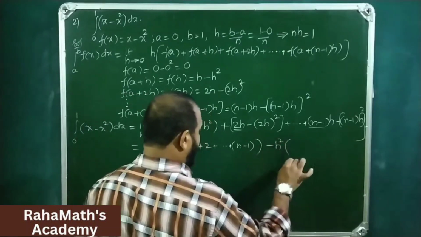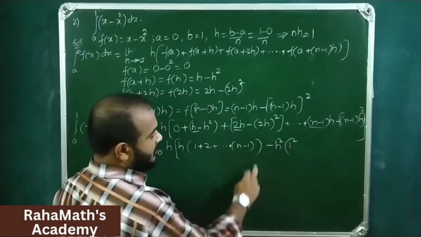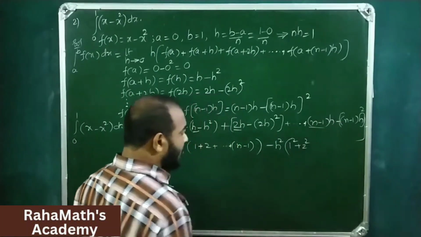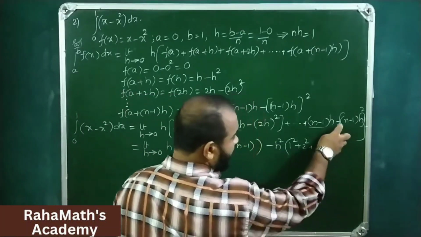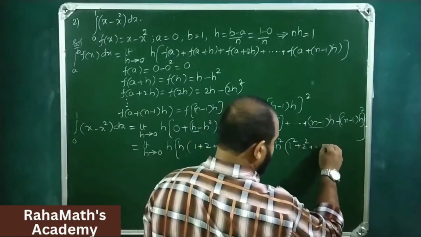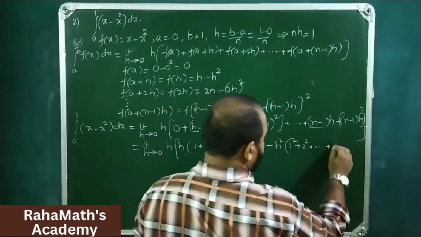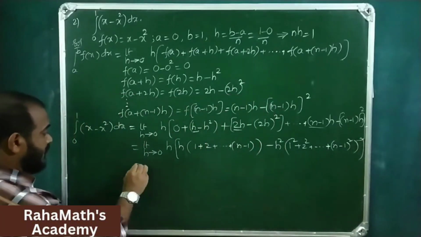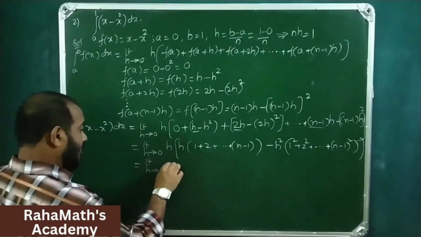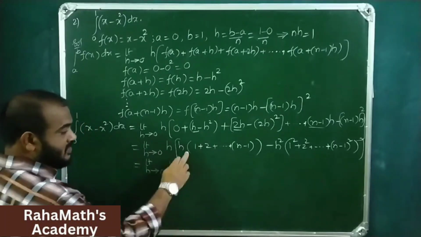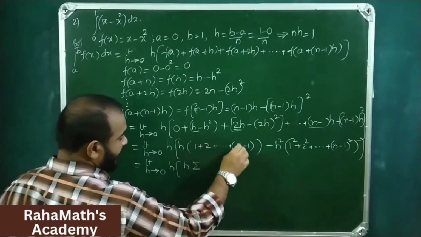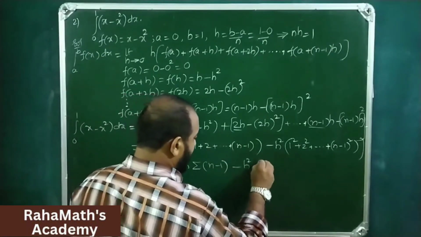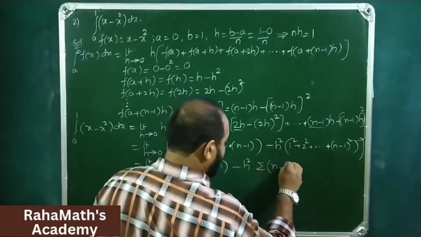So h square if I take common, then here 1 square, here h square, 2 square h square, h square if I take common plus 2 square, the next term would be 3 square, etc. Since minus is taken common, it would be plus n minus 1 whole square. This is equals to limit h tends to 0, h into this is sum of n minus 1 terms minus h square into this is sum of squares of n minus 1 terms.